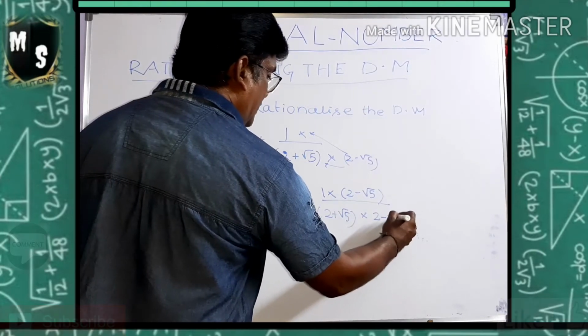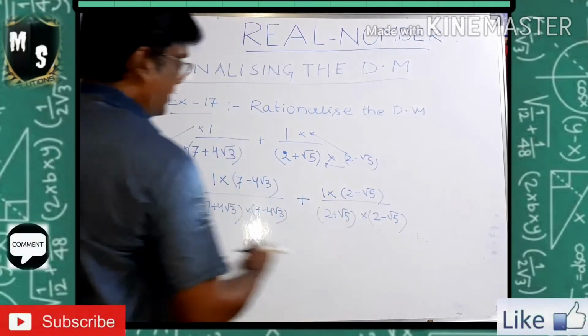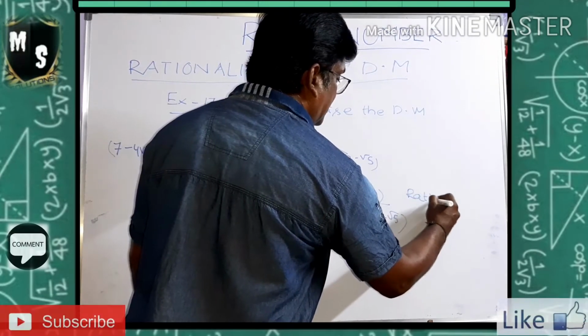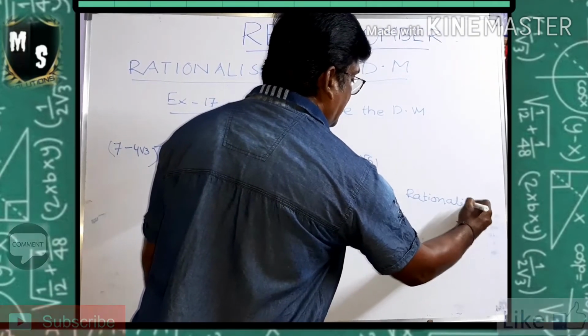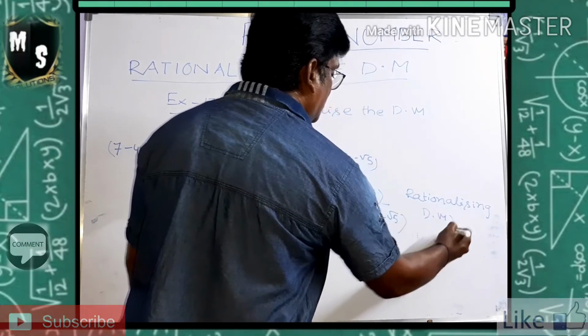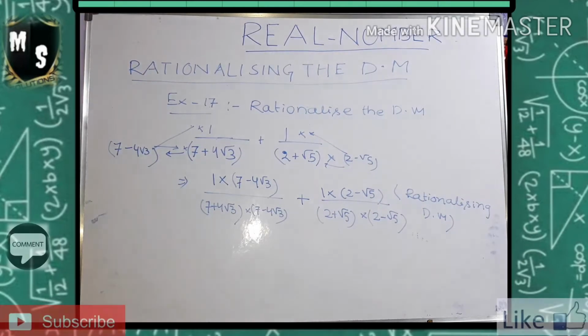Now I have rationalized them. Clear? Understood? Now what came?